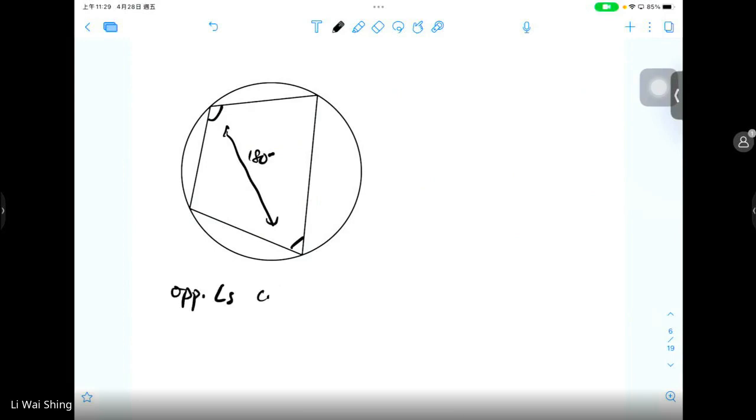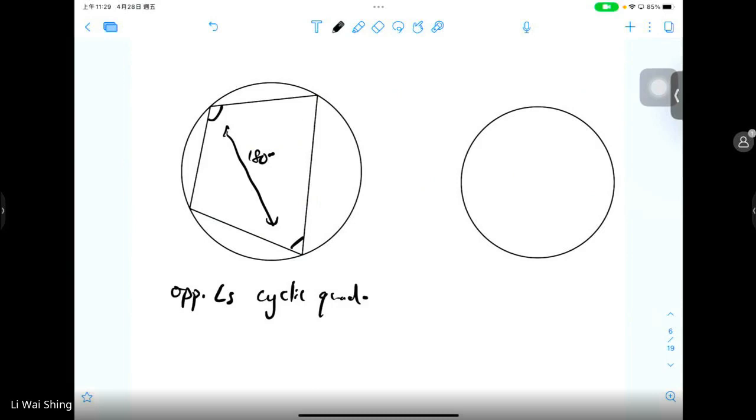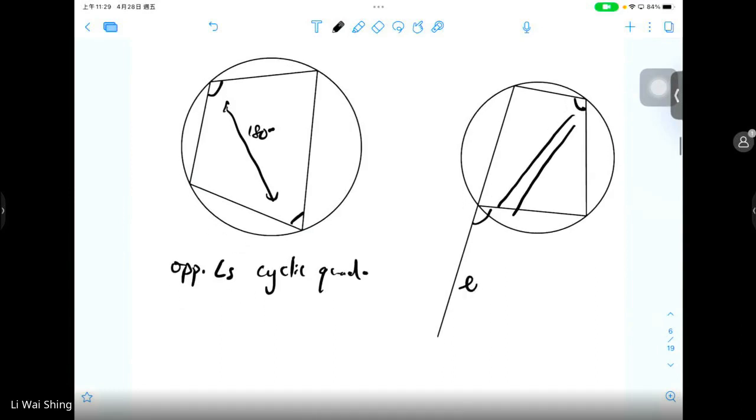Opposite angles cyclic quad. Second reason, if there is a tail, yes, still we start with the interior angle, find out the opposite angle, and the exterior angle would equal. So these two would equal each other. Exterior angle, cyclic quad.